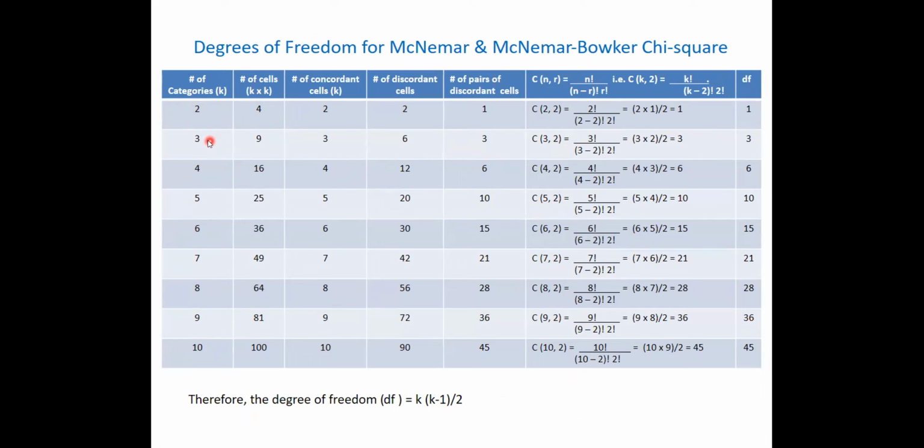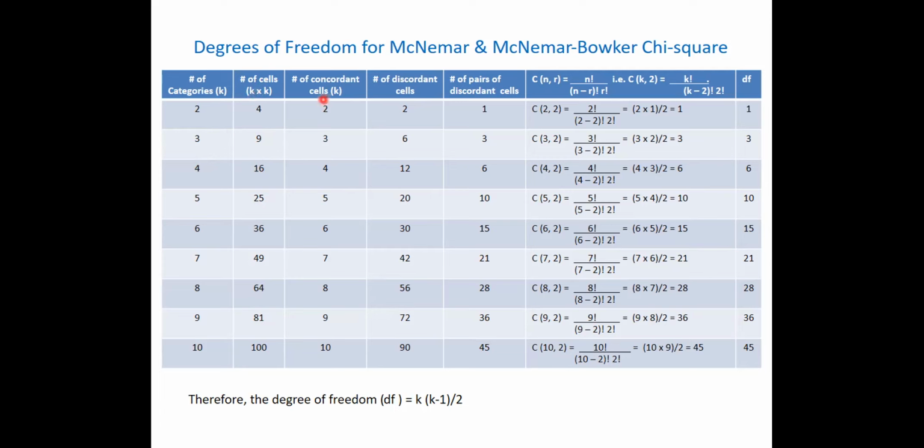When the number of categories is 3, 3 times 3 will be 9. When the number of categories is 4, the number of cells will be 16. It's the square of it now. You can say 5 by 5, you know that it's going to give 25 cells. So if the number of categories is K, the number of cells will be K times K.